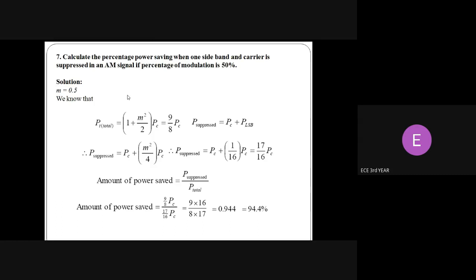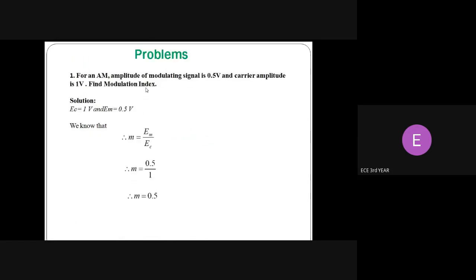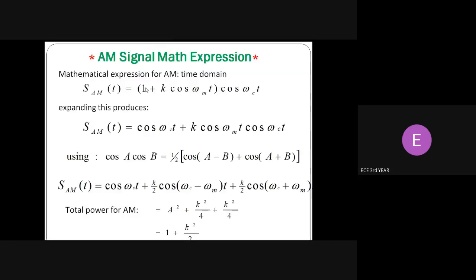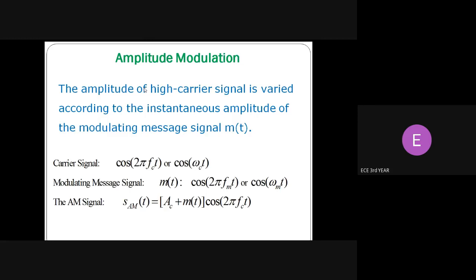So we can once again get back to the problems. In this problem, once again we get back to the basic problem. This is the amplitude modulation of the signal. The carrier frequency is varied according to the instantaneous amplitude of the modulating message signal.